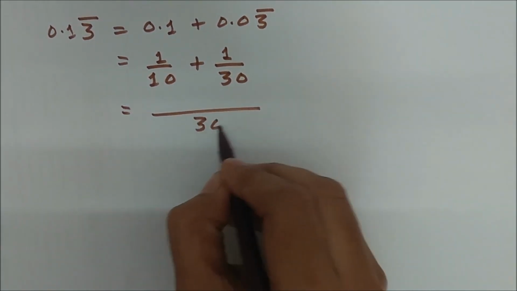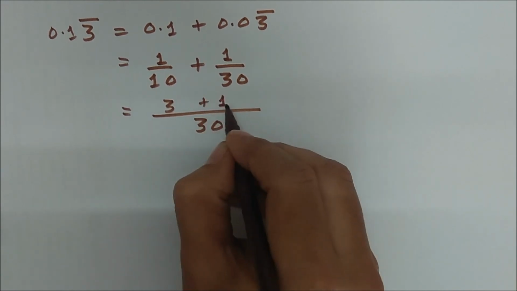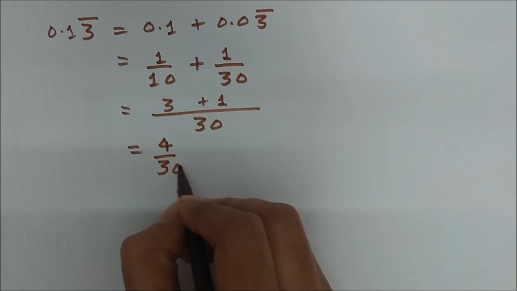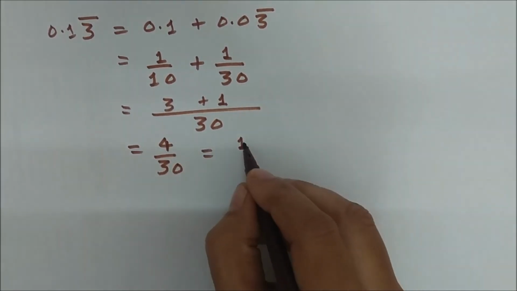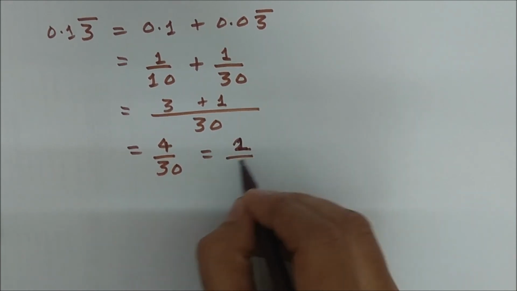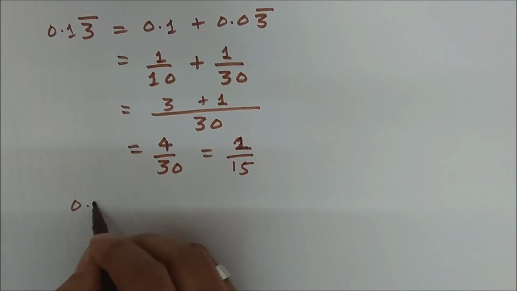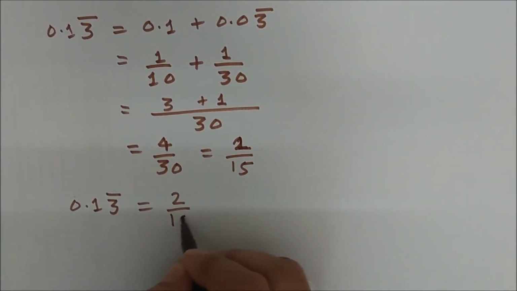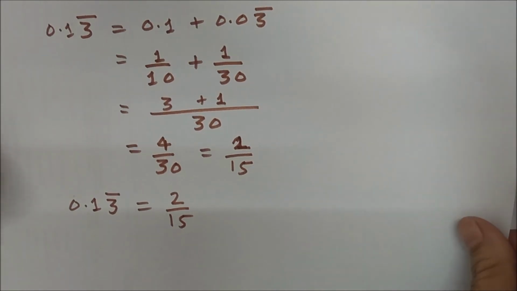Take 30 as the common denominator, this becomes 3 plus 1, which is equal to 4 by 30, or again can be written as 2 by 15. So finally we get the value of 0.13 bar is equal to 2 by 15. That's how we change recurring decimals to fractions. Hope you understood well.